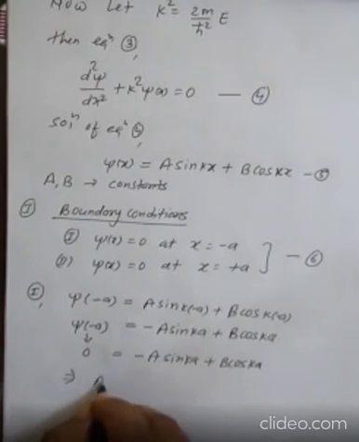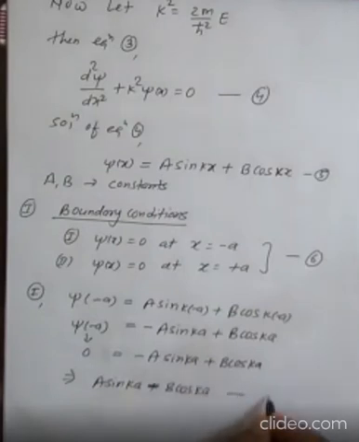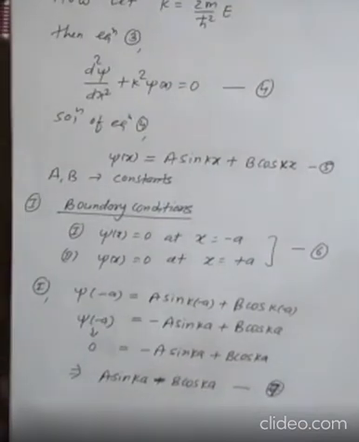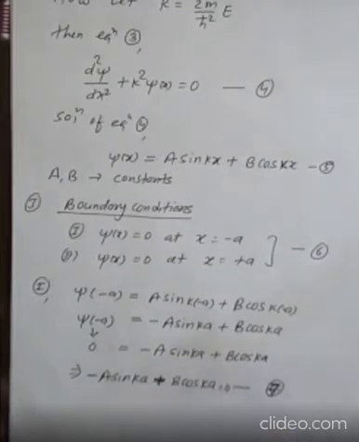So we will get A sin ka equal to B cos ka. That's equation number 7. Or I can also write it in this way, equal 0.